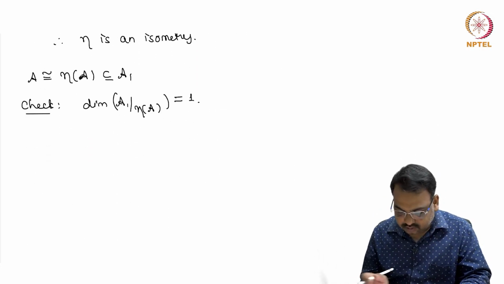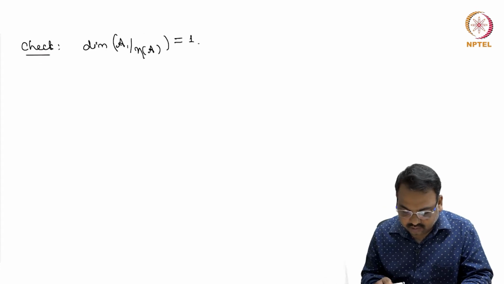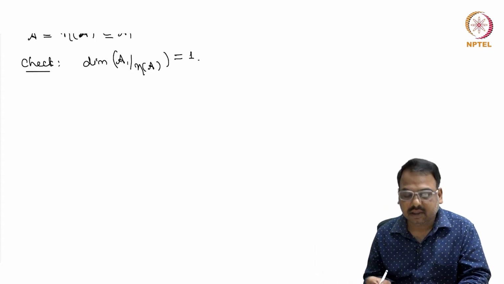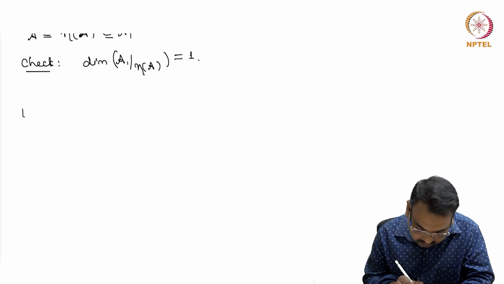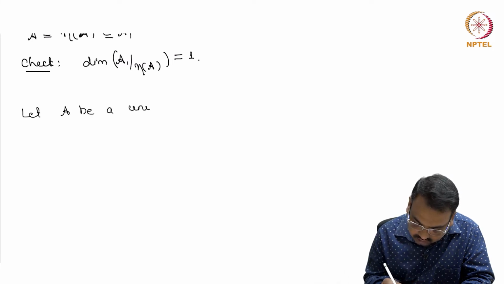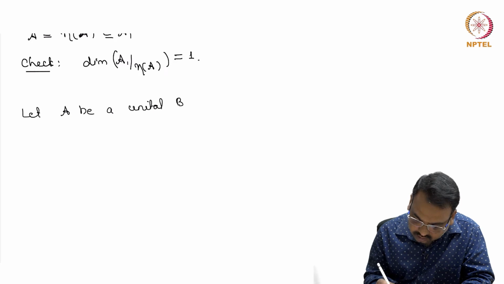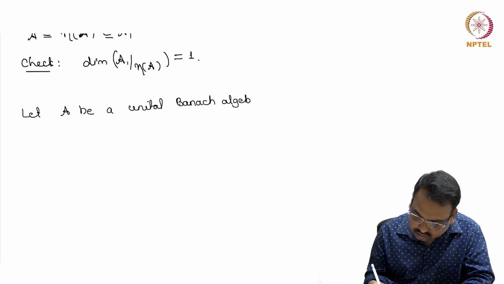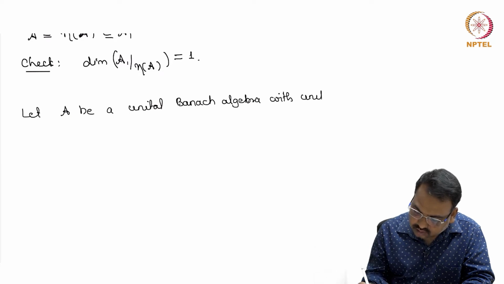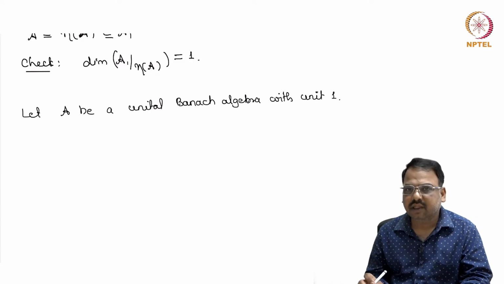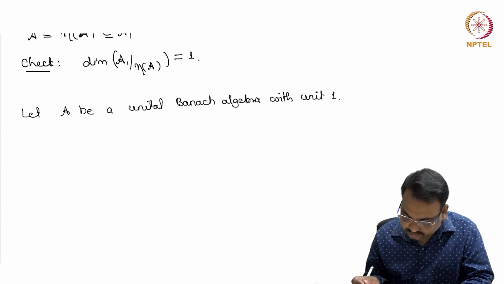Okay, so now let us look at invertible elements in a Banach algebra. So let A be a unital Banach algebra with unit 1. Sometimes we write 1 suffix A, sometimes we will not write.